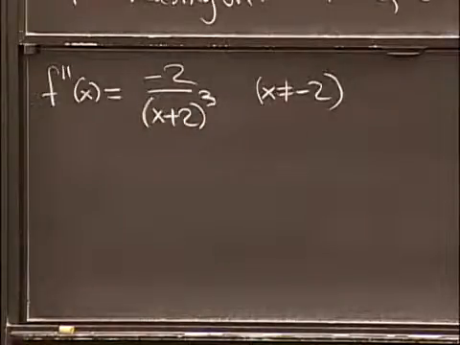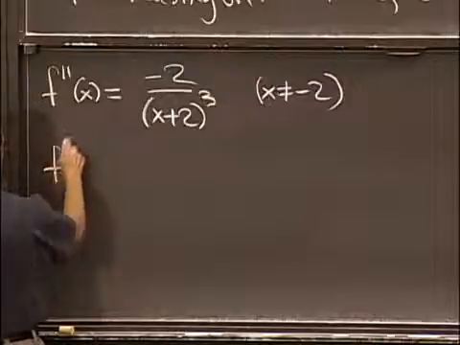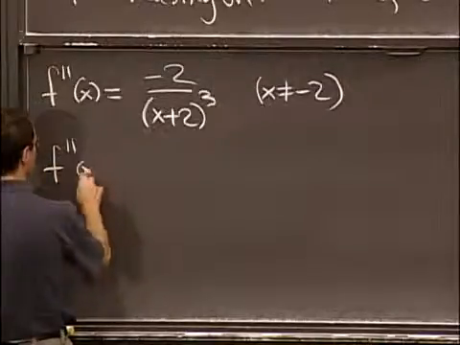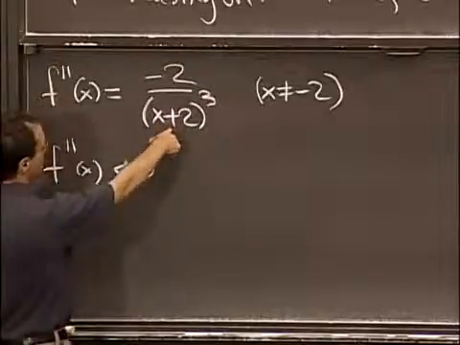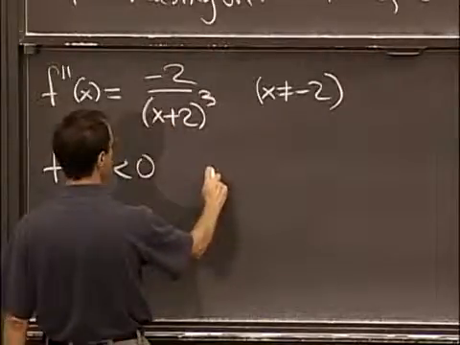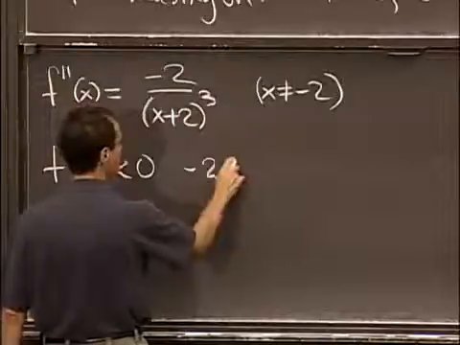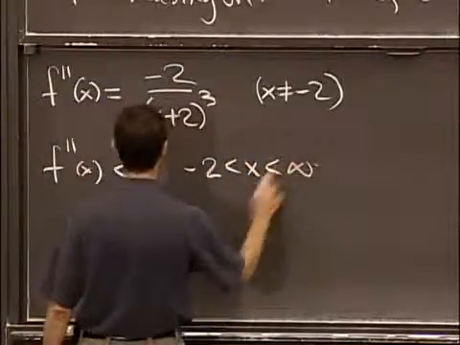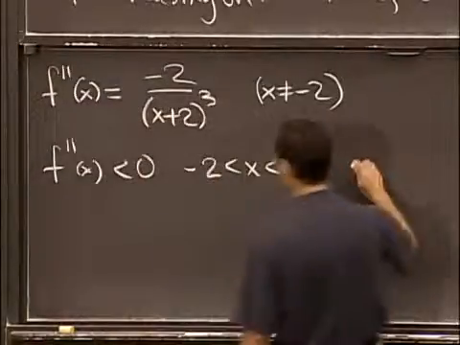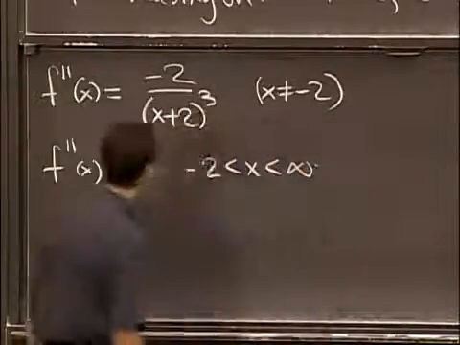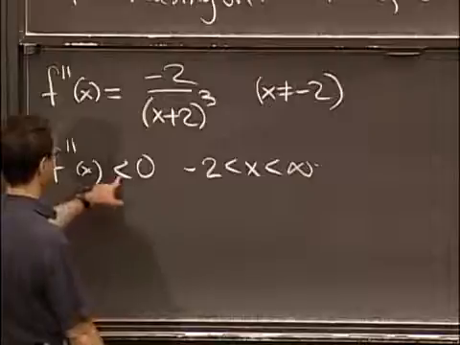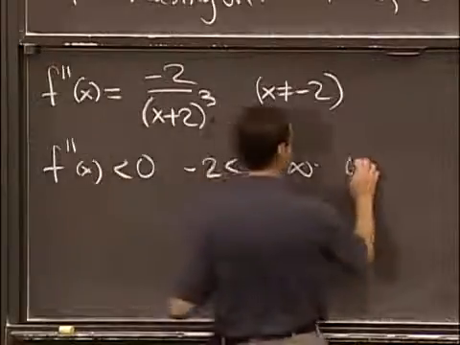And now we can see that this is going to be negative. Let's see, where is it negative? When this is a positive quantity, so when negative 2 is less than x is less than infinity, it's negative. And this is where this thing is concave. Let's see, did I say that right? Negative, right. This is concave down.